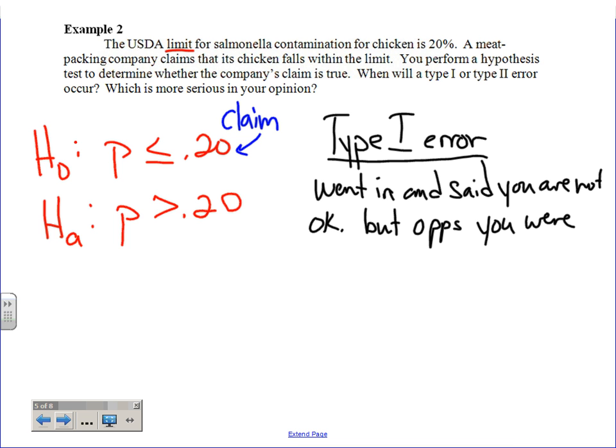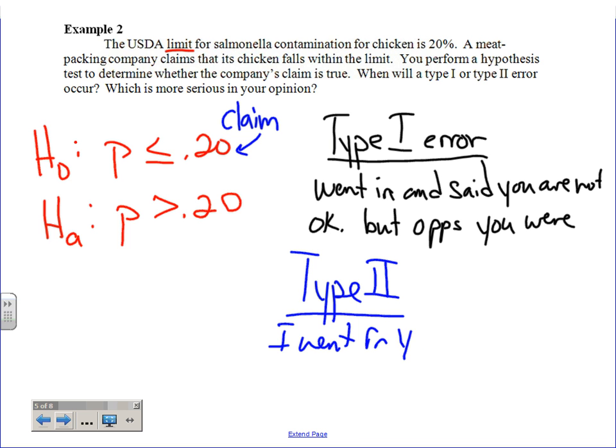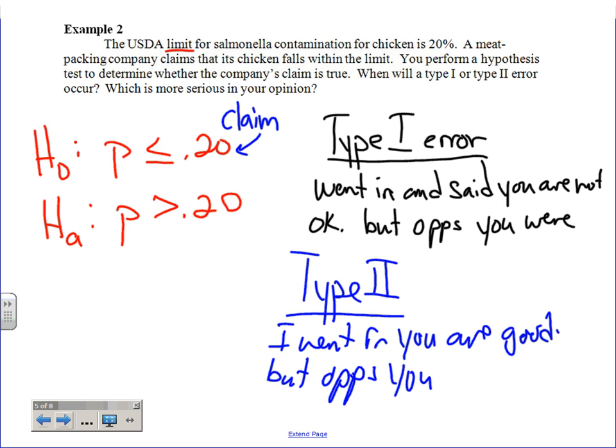It's a couple million, it's okay. So you see that's a type 1. You understand that? Then how would I do a type 2? I went in and I said, you are good. But oops, you were not.